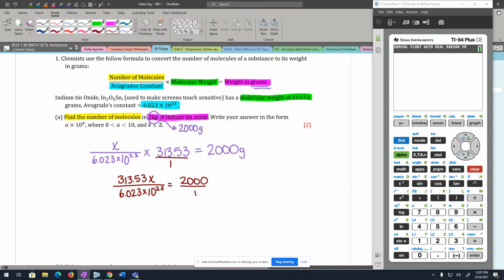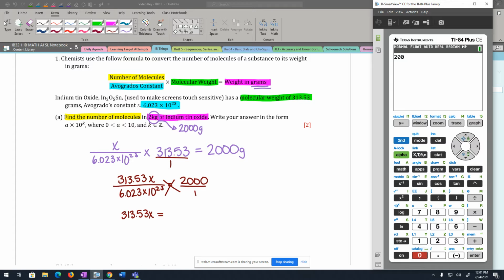And I'm going to put that over 1 too so that we can cross multiply. So I get 313.53x is equal to 2,000 times 6.023 times 10 to the 23rd.